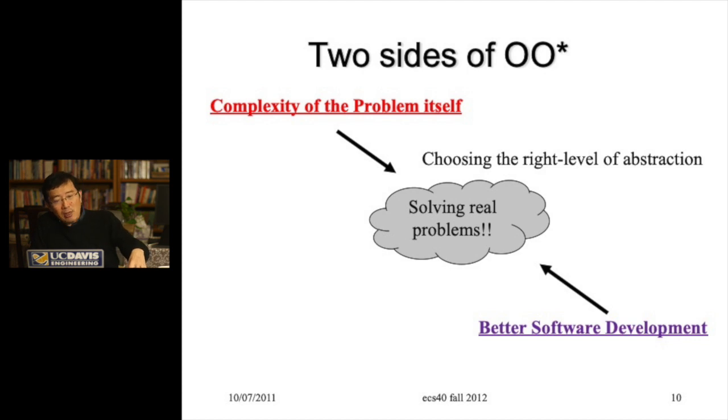If I can model this naturally, not only do I solve this problem today, but those things that we did today can be extended to solve the problem for the future as well. So that is the important thing. We always have to keep those two things in mind: the complexity of the problem itself, and how do we actually solve the problem once we know what the problem itself is.